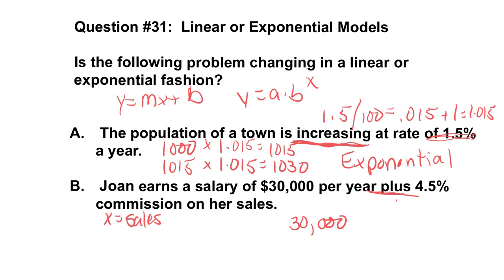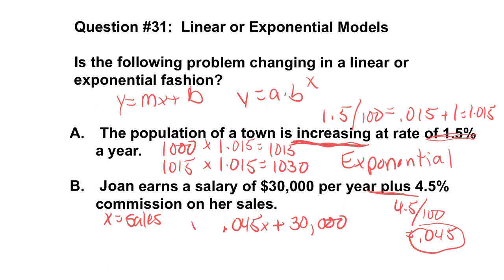So again, we have to take 4.5 and divide it by 100, and we get 0.045. So that's going to be our commission on our sales. So we know for every dollar in sales she makes, we can multiply that by 0.045. So let's do that, 0.045x.